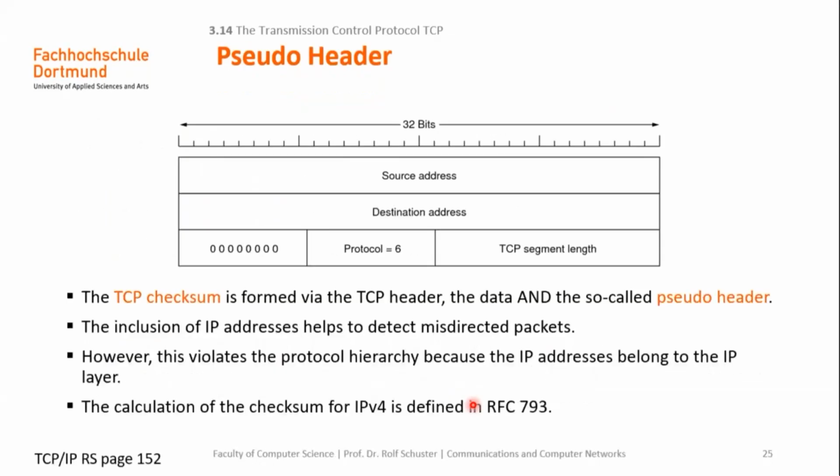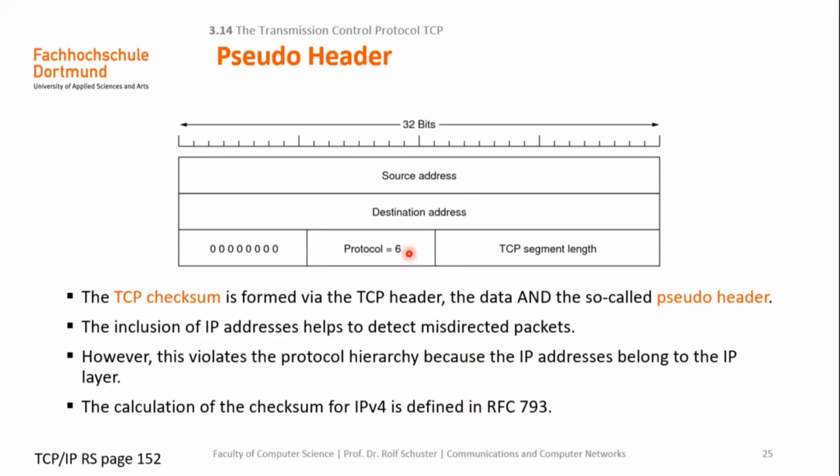Typically, this is the pseudo header that is added to the TCP header in order to calculate the TCP checksum. Then the TCP checksum is formed via the TCP header, the data, and the so-called pseudo header.